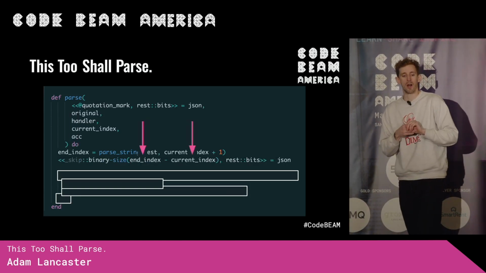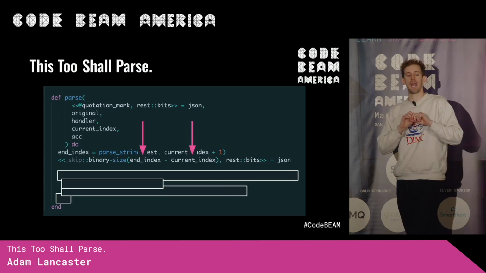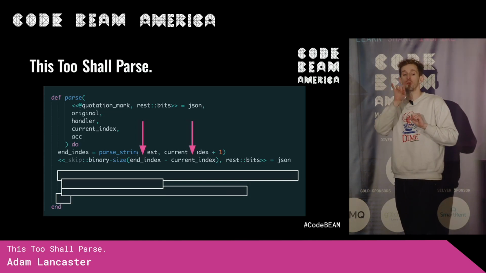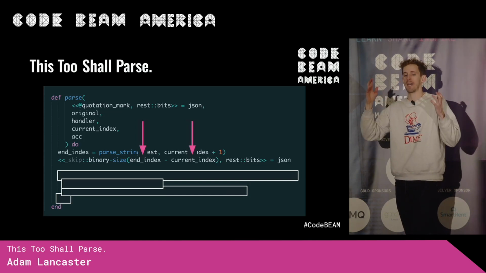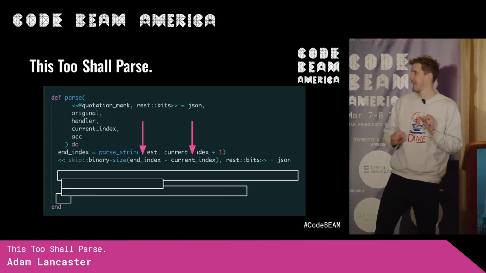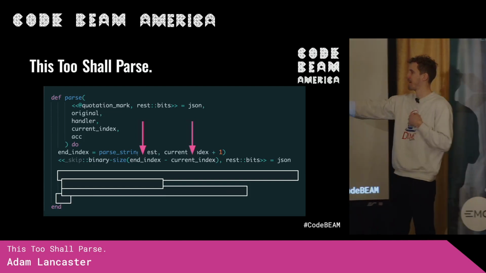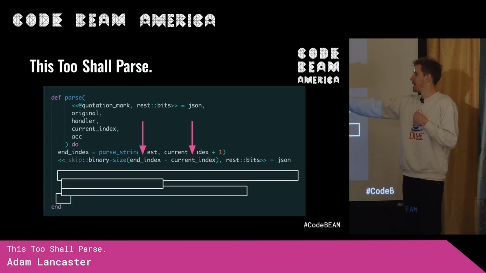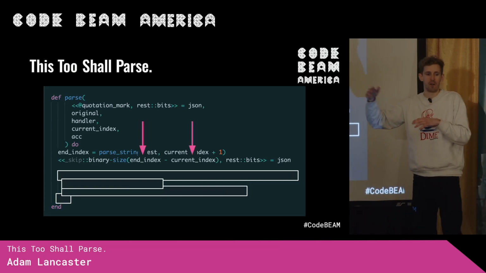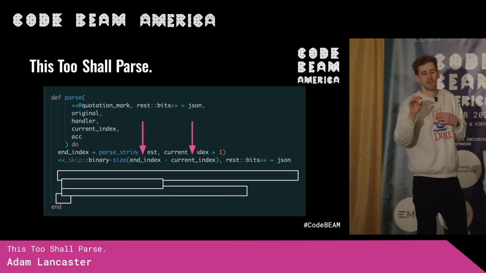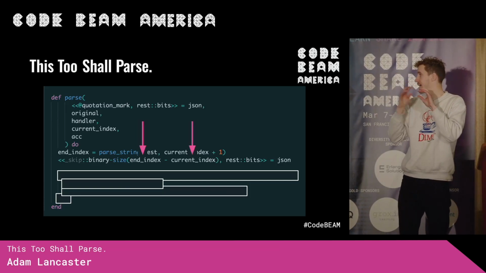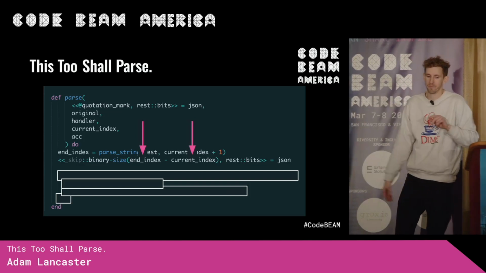So binary size allows you to provide a number to it, okay, like 10. And what it will do, in this example we have skip as the variable, is get the first 10 bytes of the binary and save that into the variable, like skip.